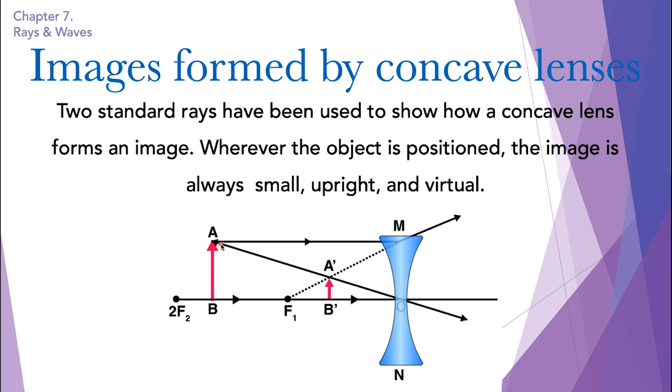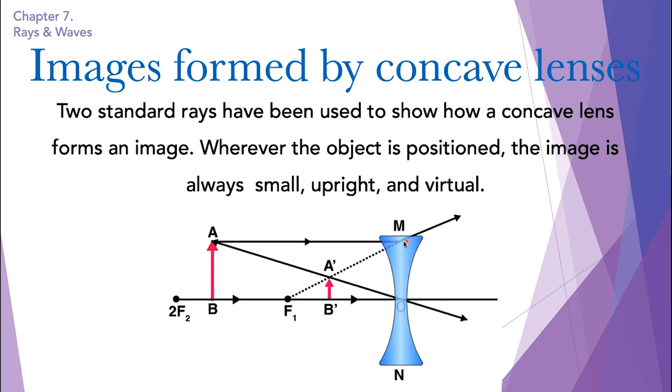So we use this standard ray which is parallel to the principal axis, and after passing through the lens it is refracted such that it passes through the principal focus of the lens. But how would we see whether it passes through the principal focus or not? Because it is not coming towards the principal axis, and it's not going to pass through the principal axis after refraction.